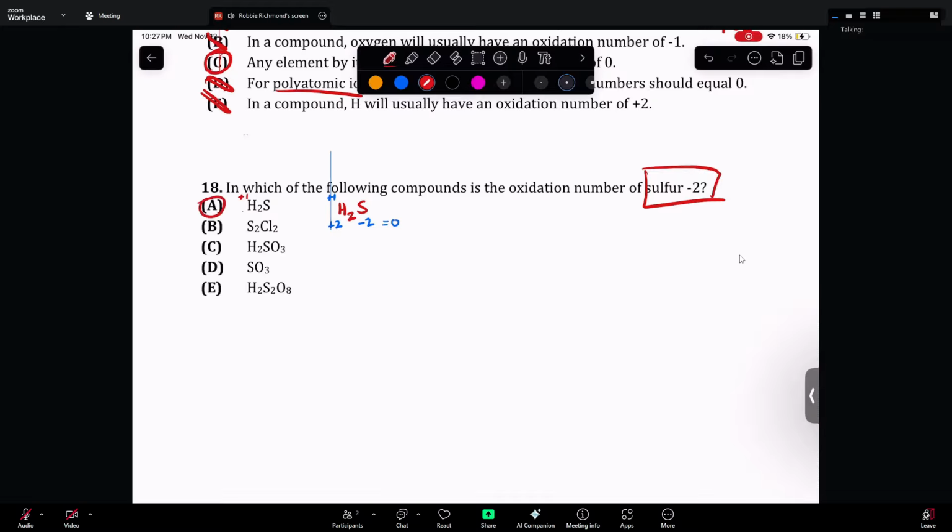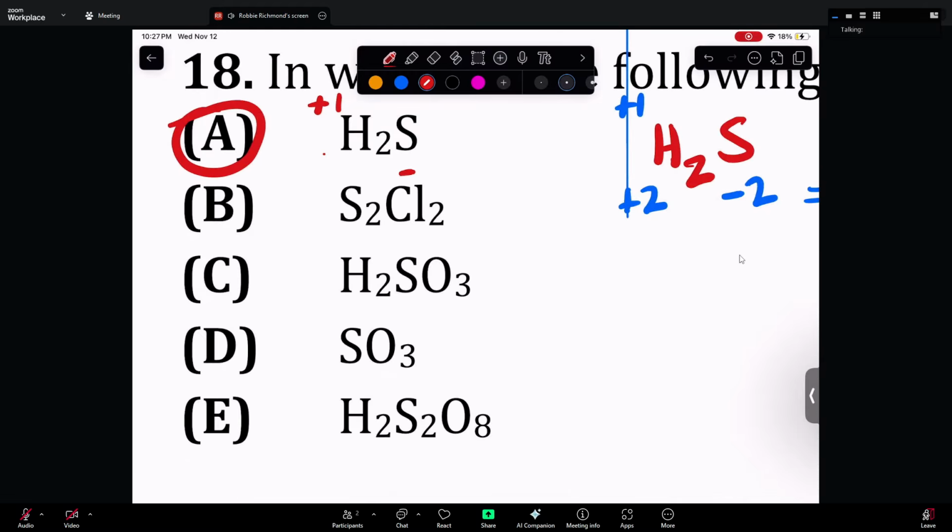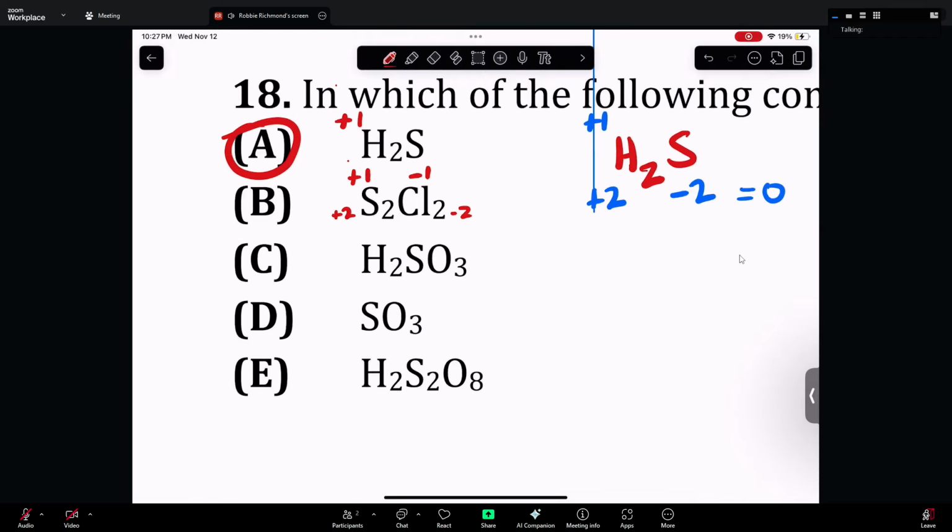I see -1 for a total of -2. This has to be +1 because there's 2 of them. This is going to be -2 for a total of -6. This is going to be +1 for a total of +2. So this sulfur should be +4 to have a net charge of 0.